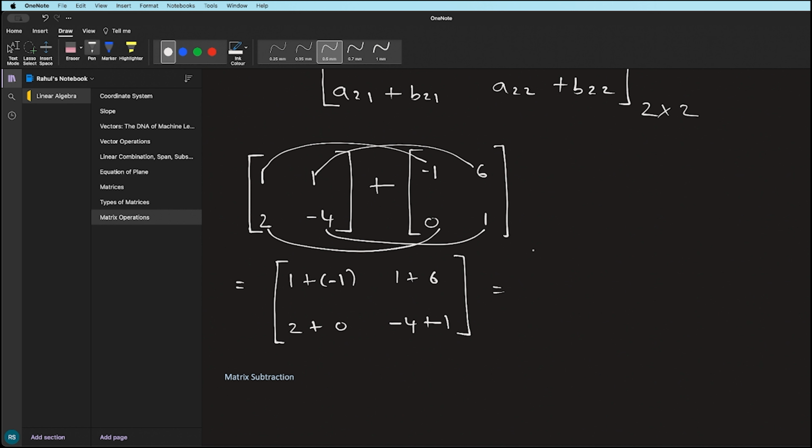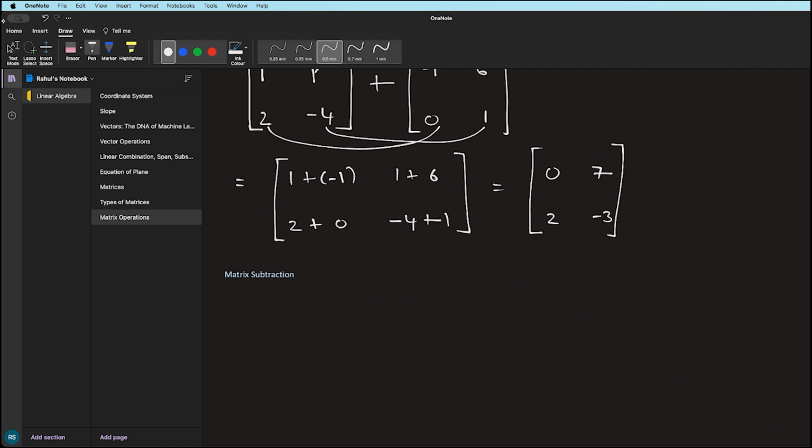So the result will be: 1 plus minus 1, that is 0, 1 plus 6 will be 7, 2 plus 0 will be 2 and minus 4 plus 1 will be minus 3. So this is the matrix obtained after adding the two matrices.